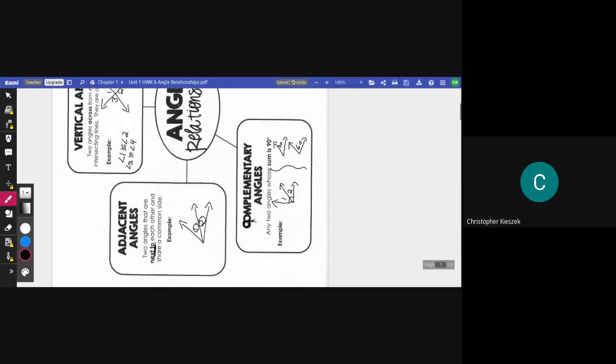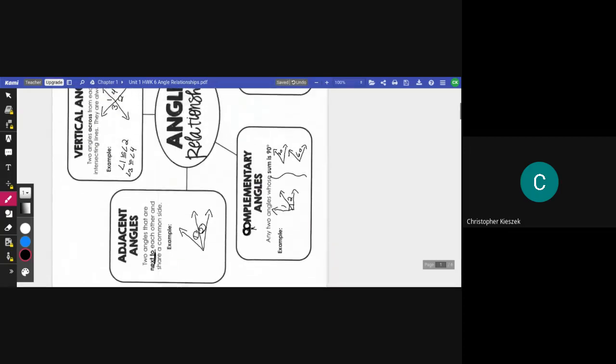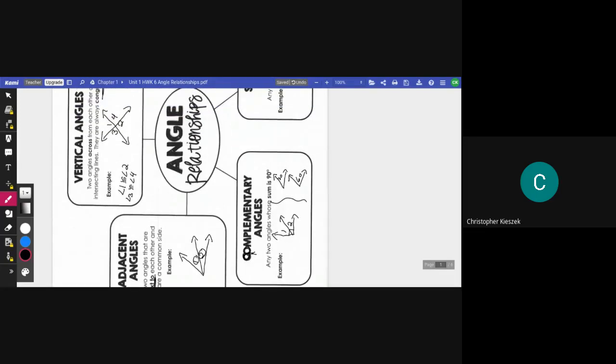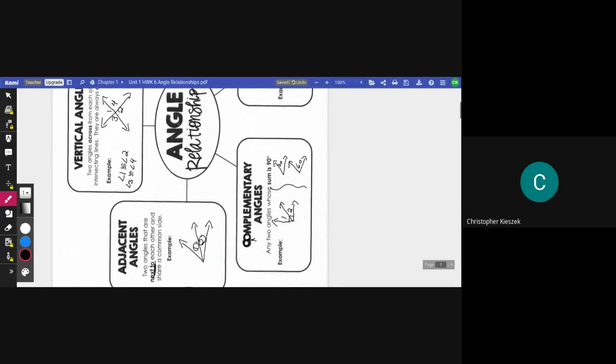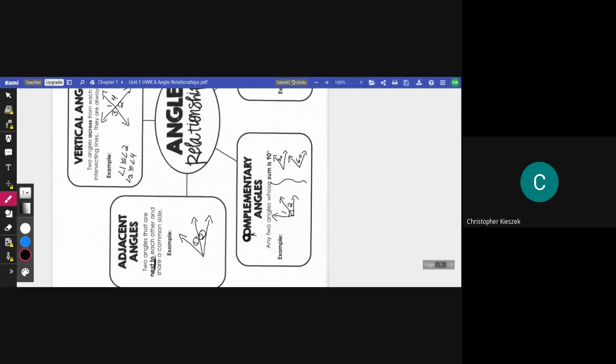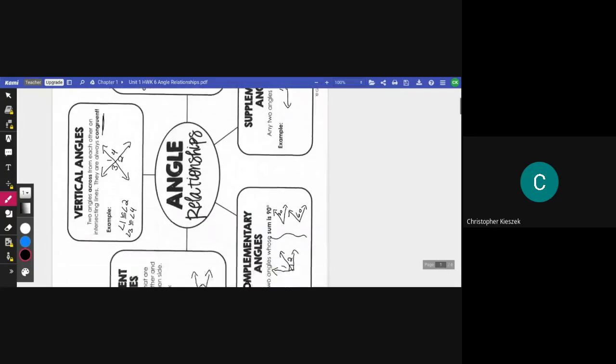Again, it's corny, but it's one way of remembering it. All right, so those are different kinds of angle relationships that we can have here. Now, the only one that really doesn't have any mathematical equation associated with it is adjacent angles, right? Because adjacent angles just says two angles next to each other, where the rest of these here have to deal with some numbers.